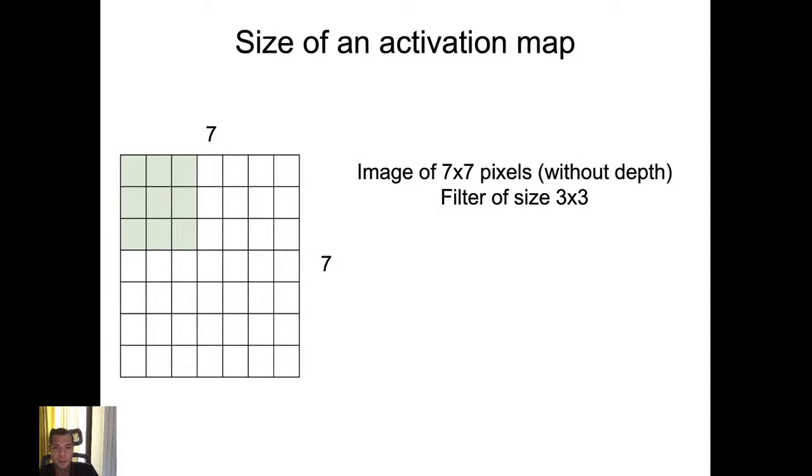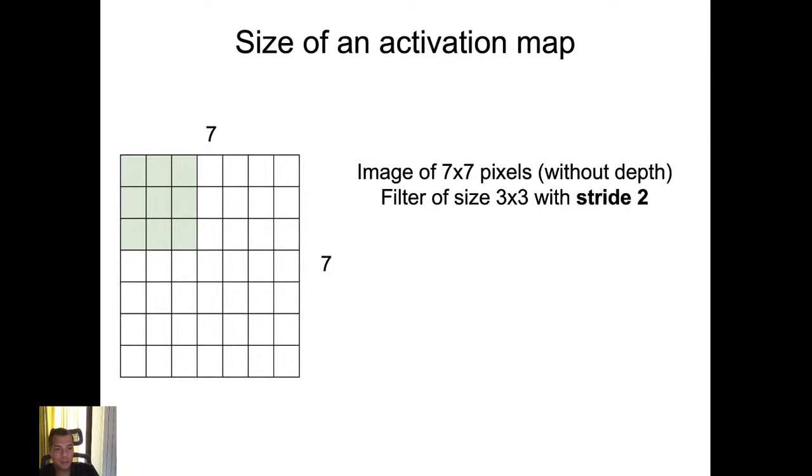So let's look at a smaller example. We have an input image with 7 by 7 pixels and a filter of size 3 by 3. When we apply this filter on top of this image, we can apply it 5 times, so we obtain an output of 5 by 5. And we can also apply the filters not at every possible location, but we can use a stride.